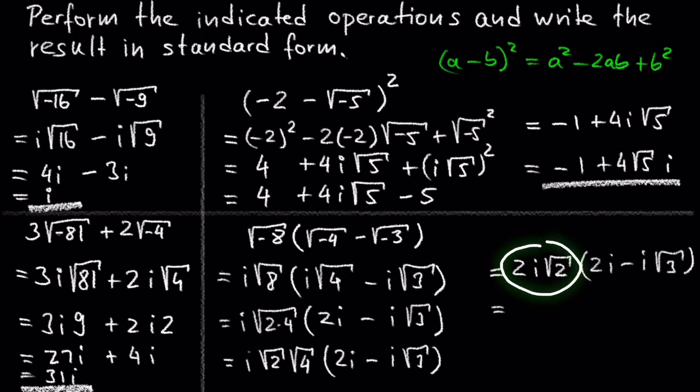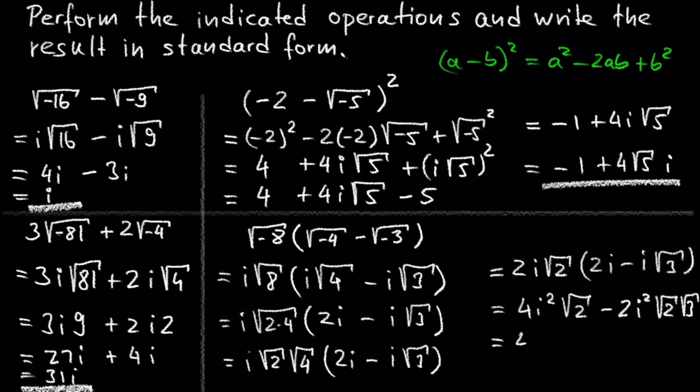i times the square root of 2 times 2i is 4i squared times the square root of 2, and 2 times i times the square root of 2 times negative i times the square root of 3 is negative 2 times i squared times the square root of 2 times the square root of 3. i squared is negative 1.